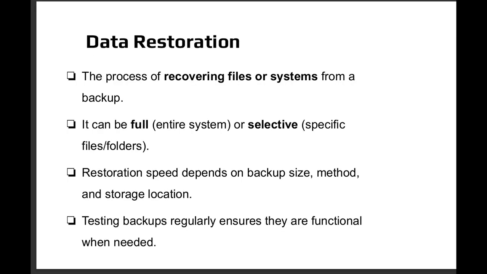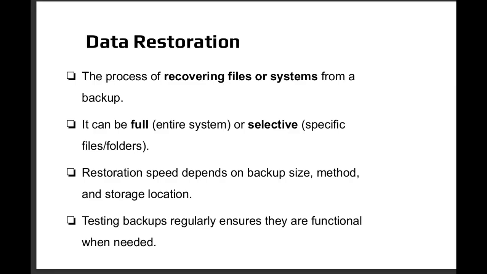When we have some failure with our data, we need to perform data restoration. This is the process of recovering individual files, folders, or full system backups. We can do a selective data restoration. This is restoring individual specific files and folders. A full restoration will do a restoration of the entire system.